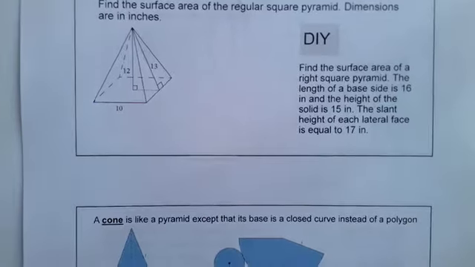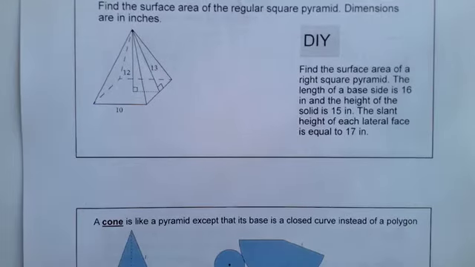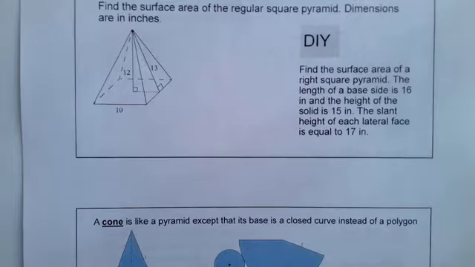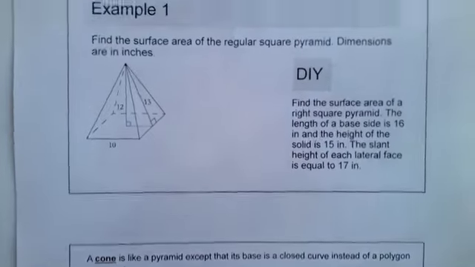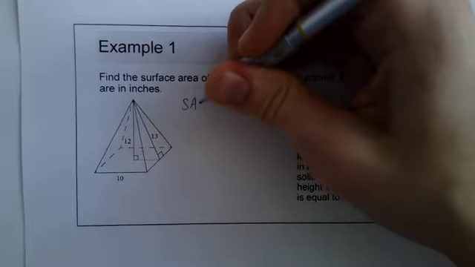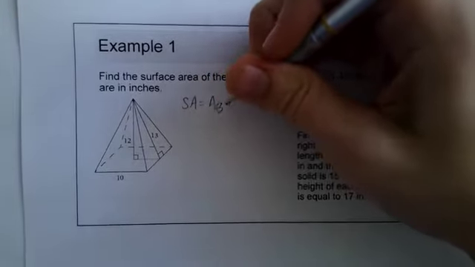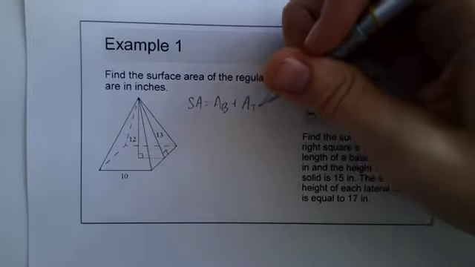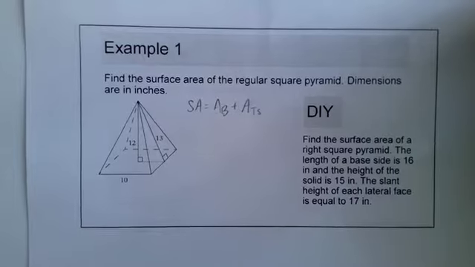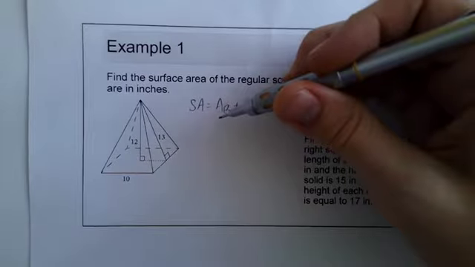So example 1, let's find the surface area of a regular square pyramid like this one. Dimensions are in inches. Remember that the formula for surface area here is the area of the base plus the area of the triangles. I know the area of the base at least.